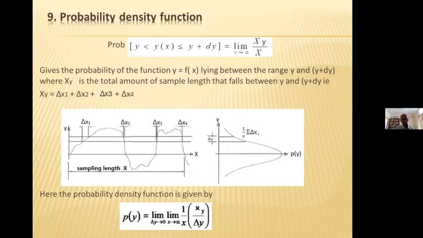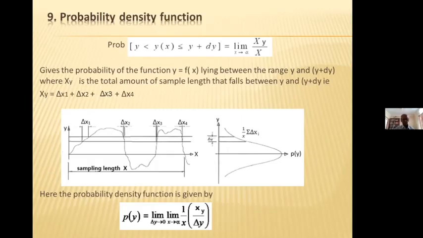Now the probability density function is defined as 1 by x, xy by delta y, in the limit delta y tends to 0 and x tends to infinity.